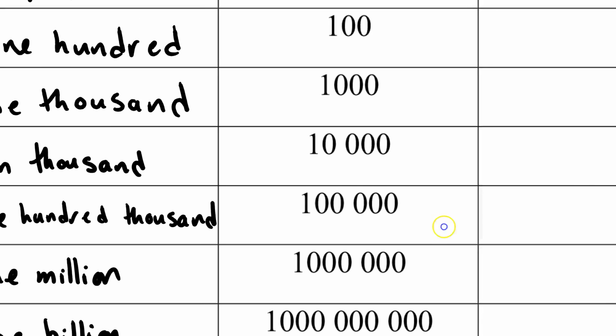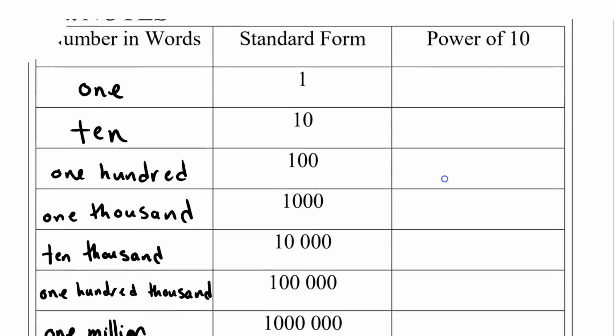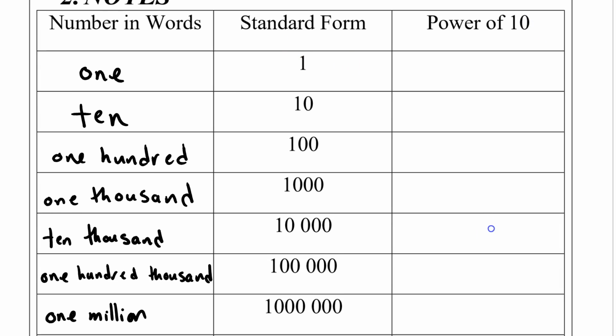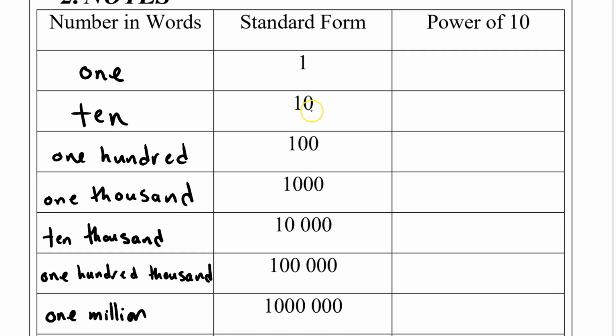So what we want to do here is get all of these numbers into a power of 10. We're going to skip this one and come back to it. But this one right here, we're going to say 10 equals just 10. So that would be 10 to the power of 1, because we just write the base 1 time. 100 is 10 times 10.